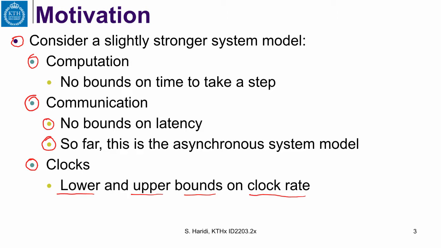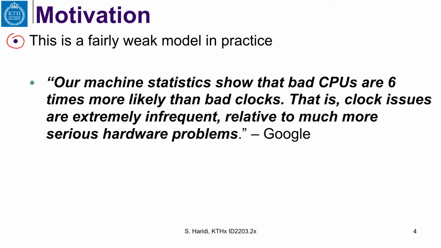This is our assumption, and actually clocks in most of the current processors have this specification. And in fact, this is then a fairly weak model. So what we have done here is just introduce these bounds on clock rates.